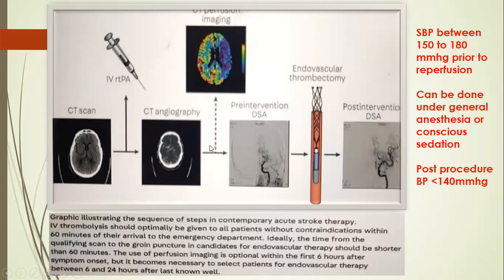If a patient comes beyond 6 hours, you need to do either CT perfusion or digital subtraction angiography. If the patient meets the criteria of the DAWN or DEFUSE trial, where penumbra is more than ischemic core, then also you can submit him for mechanical thrombectomy. After the procedure, again you can do either CT perfusion or digital subtraction angiography. Any doubts? This is the overall procedure. Any doubts you can ask.